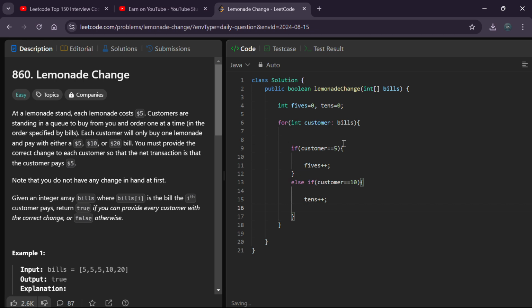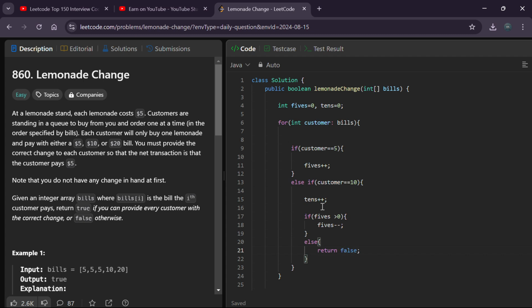him a $5 bill. We can return a $5 bill only if we have at least one $5, so let's check the condition: if fives are greater than zero, fives minus minus. Else return false.